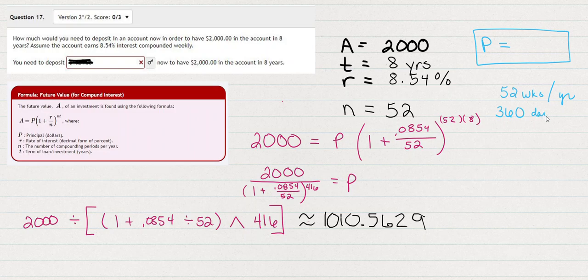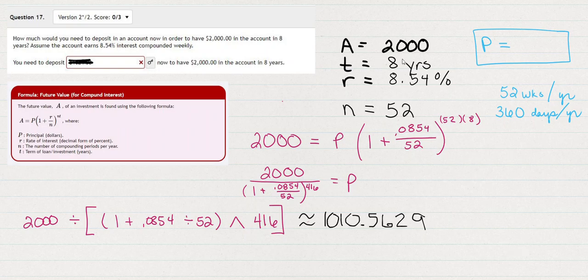But for financial purposes, we're going to use 360 days in a year, computed by saying 12 times an average of 30. I know there's not exactly 360 days in the year, but that's the number we'll use so that we're consistent with bankers across the world.